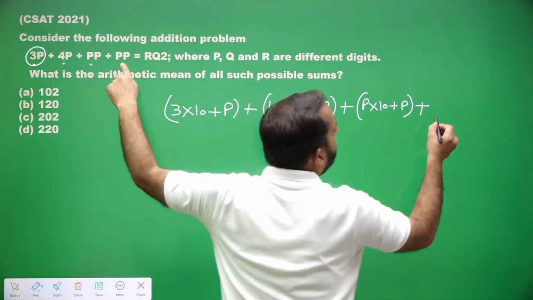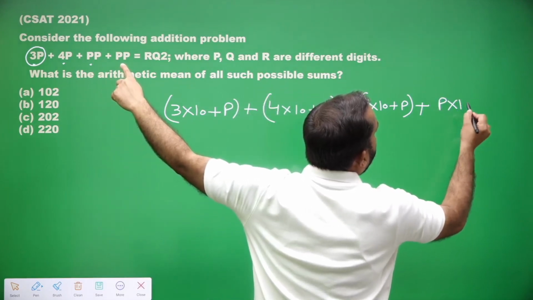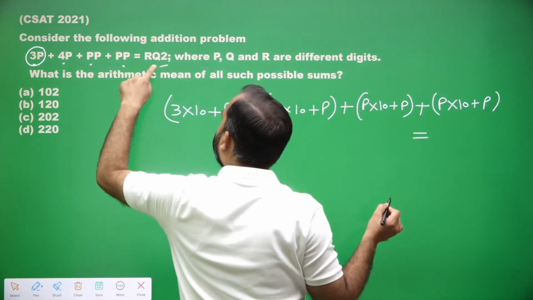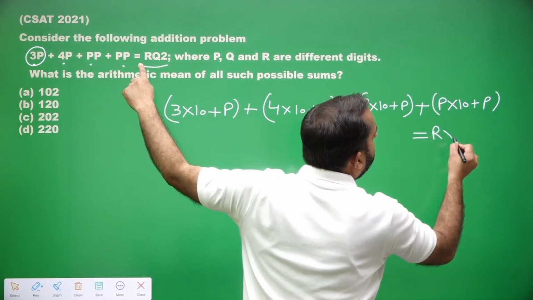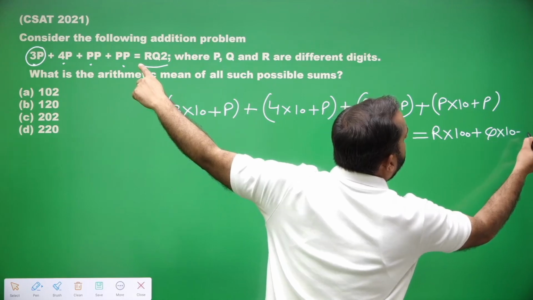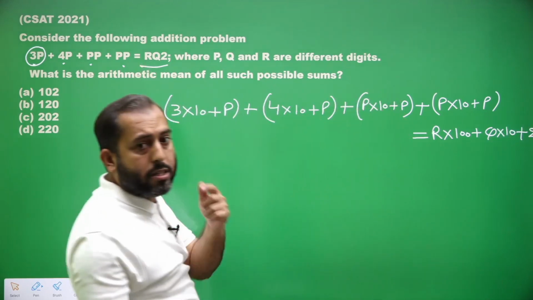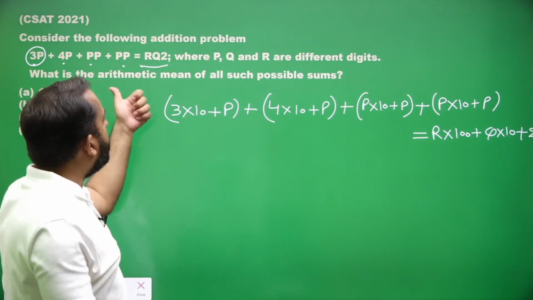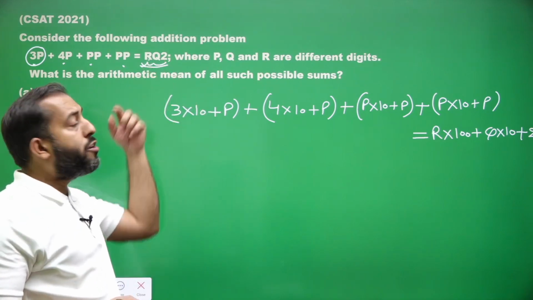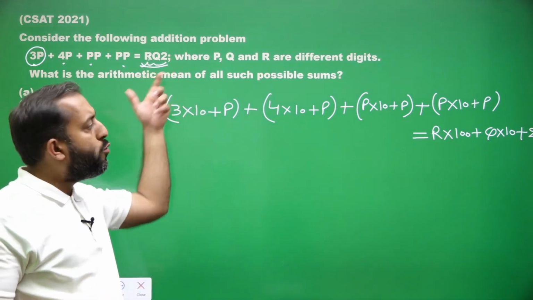This next pp can be written as p into 10 plus p. And this right hand side can be written as r into 100 plus q into 10 plus 2, because my right hand side is a 3-digit number where r represents the hundreds place, q represents the tens place, and 2 represents what?